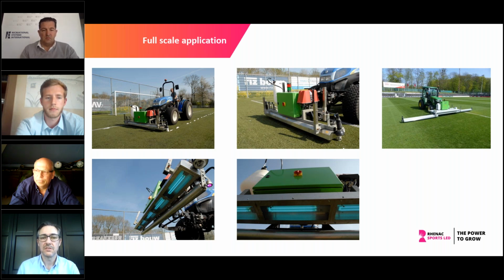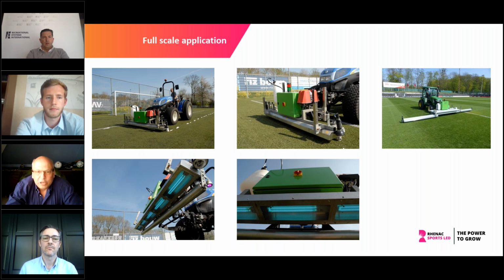And the goal would be indeed to create a machine that can follow the height differences, the shapes of the golf greens, a sectional machine with different lamps that work independently, so that we can follow perfectly the shape of the golf green in order to give it the best treatment possible. Okay, thank you.